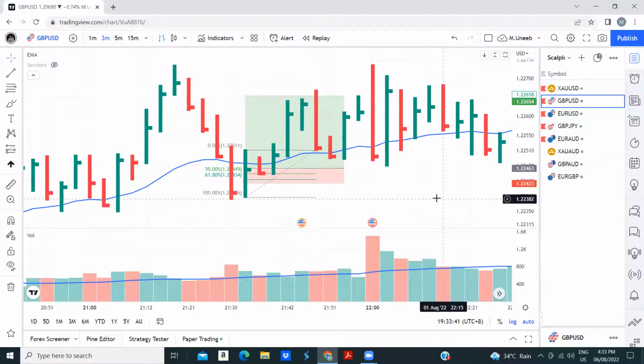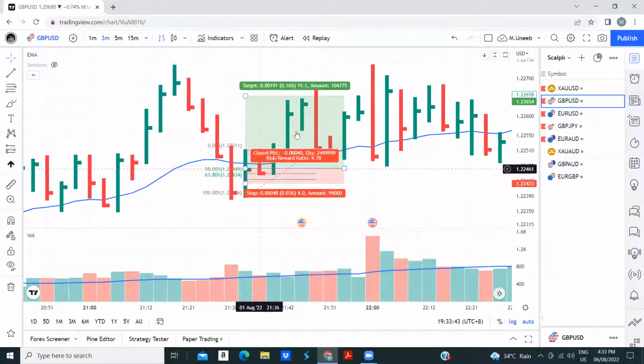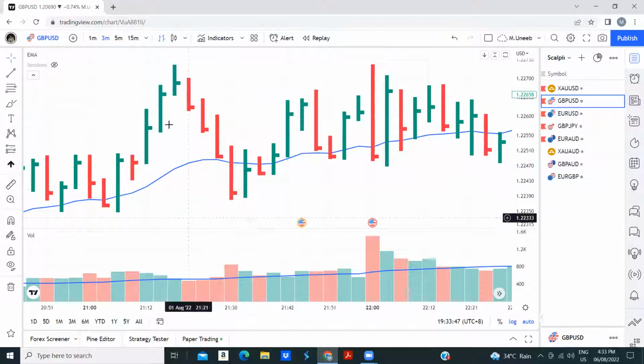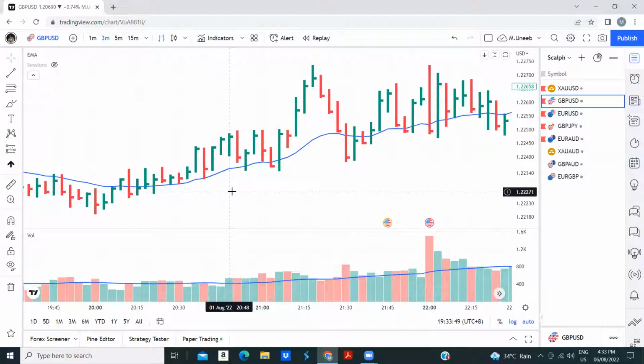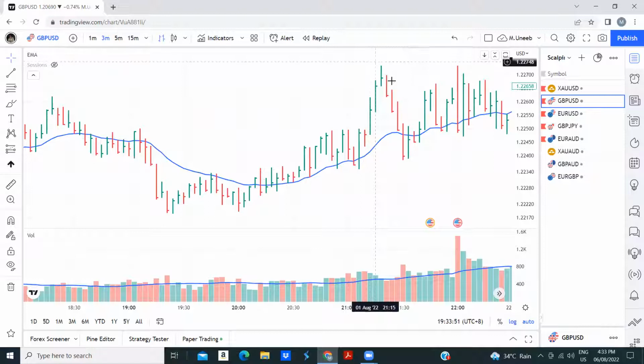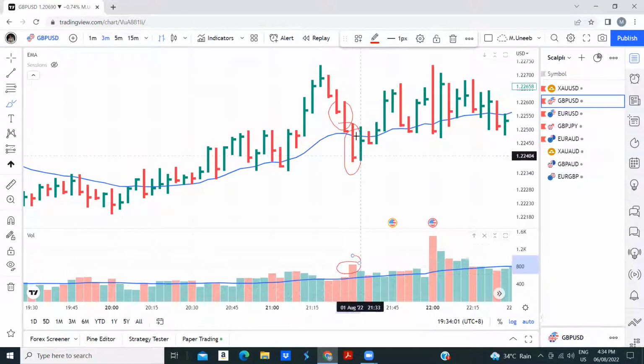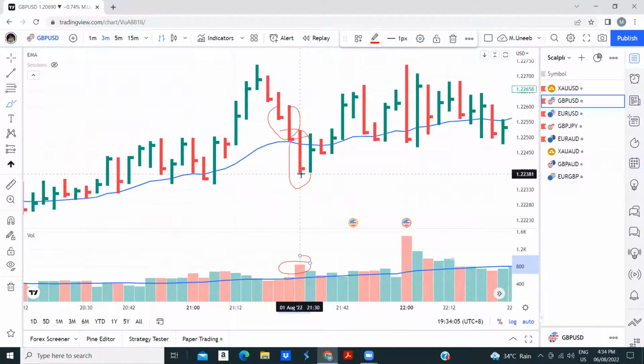How do I identify a shakeout? A shakeout is something like, you see the price is coming down. It's an uptrend. The price makes a low on a very huge volume. You see the spread here. You have an effort versus no result bar, something like that. A huge spread bar with a huge volume. The spread is increasing, volume is increasing.